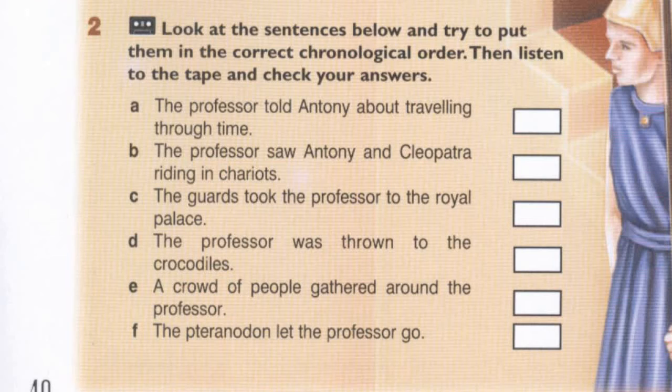A, the professor told Antony about traveling through time, or C, the guards took the professor to the royal palace, and the professor, the last one, was thrown to the crocodiles, and a crowd of people gather around the professor.